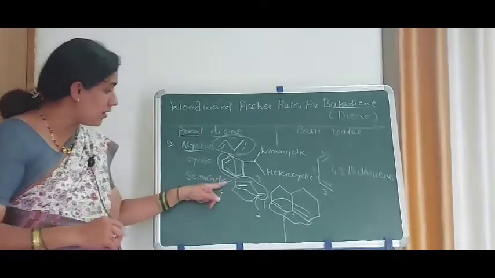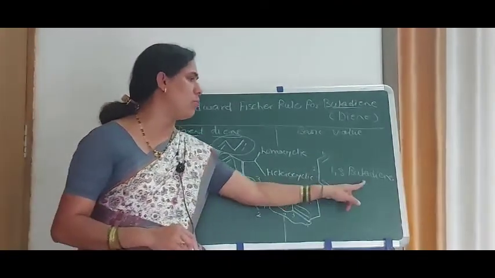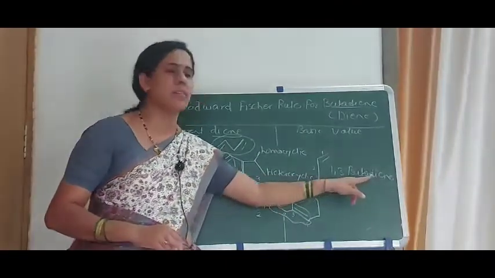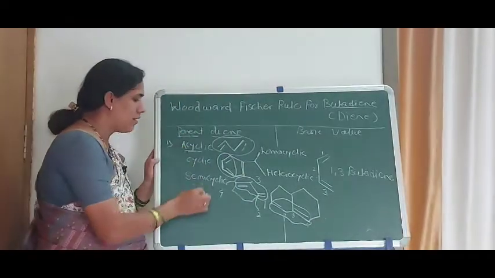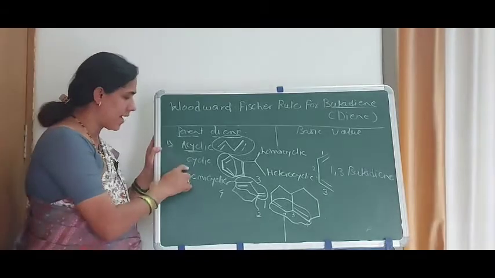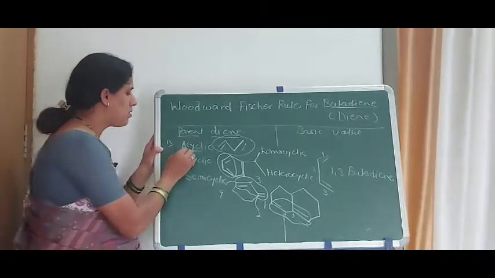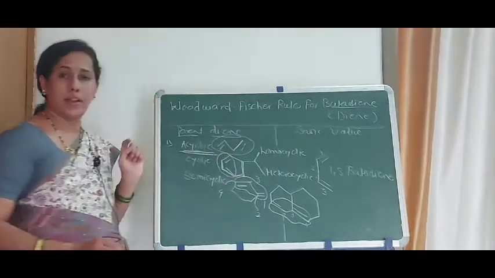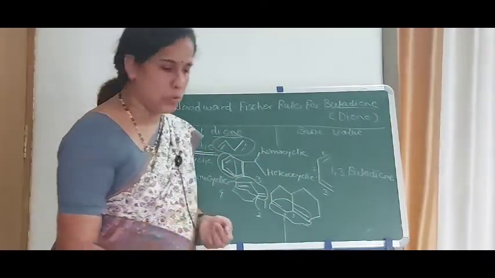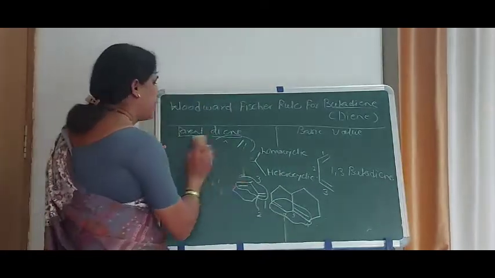In any case you have to just identify the 1,3-butadiene. Got it? These are the types: acyclic, cyclic and semi-cyclic. We have to concentrate on acyclic, homocyclic and heterocyclic. Now what are the rules? See here.